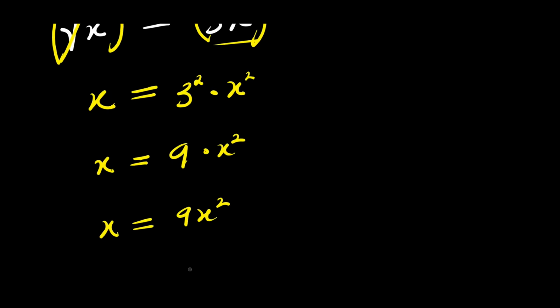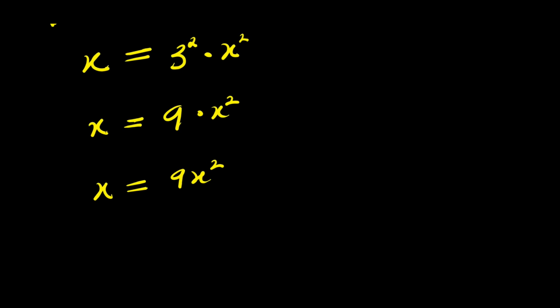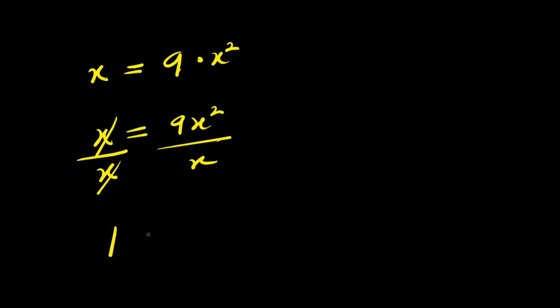So I can decide to divide this by x. I divide this by x. x eliminates x, so I have 1. And this equals 9x squared divided by x, that is 9x, because this is to the power of 1.